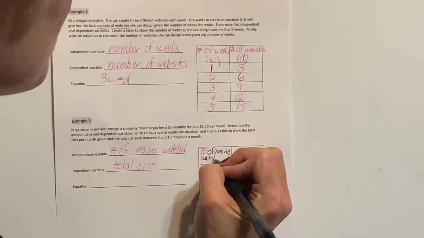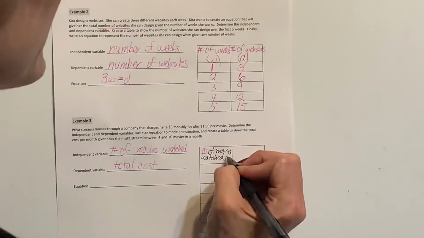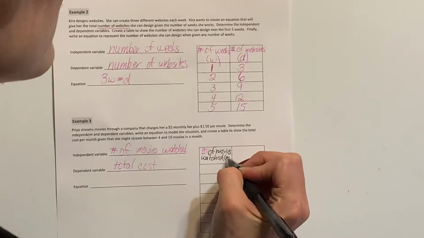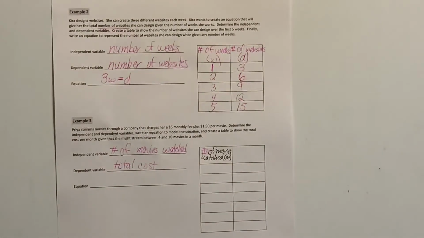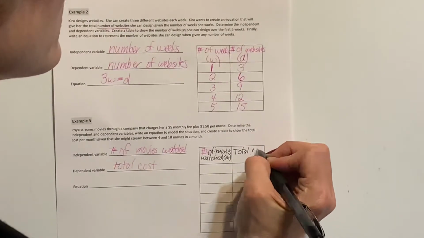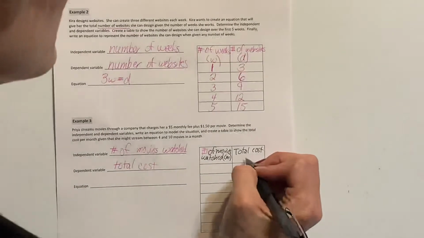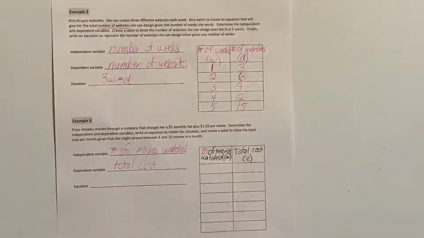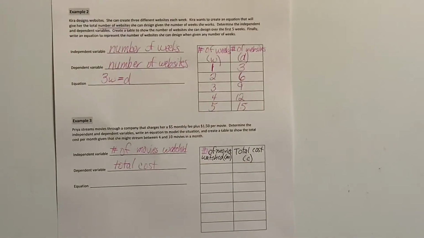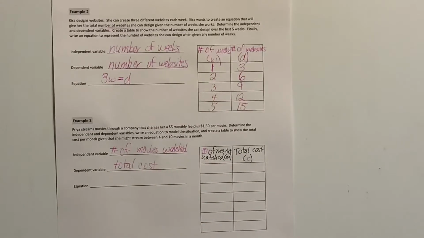So, number of movies watched, and I'm going to put an M for number of movies watched, and then the total cost. For the letter for that, we're going to make that C for cost, total cost. So we've got movies, M, total cost, C.